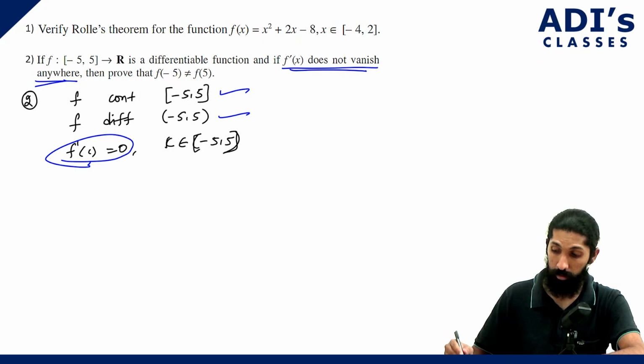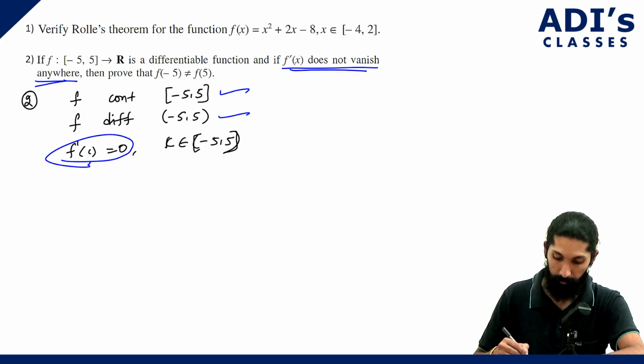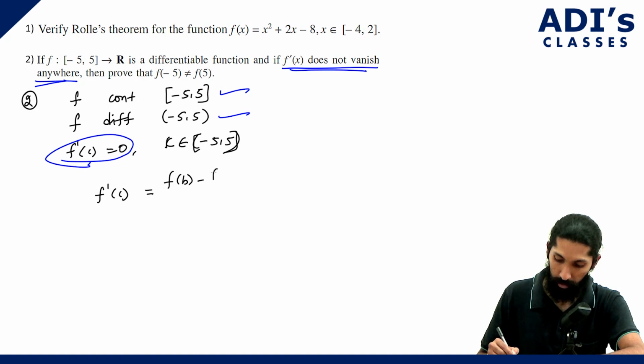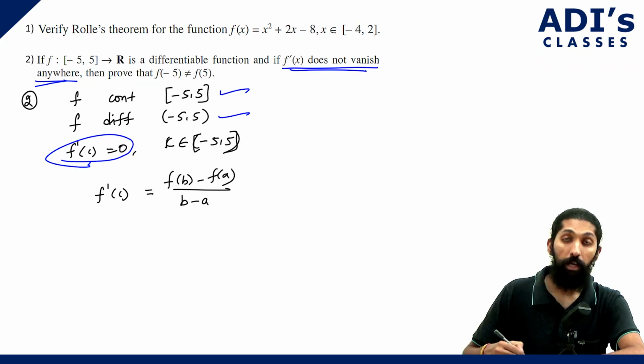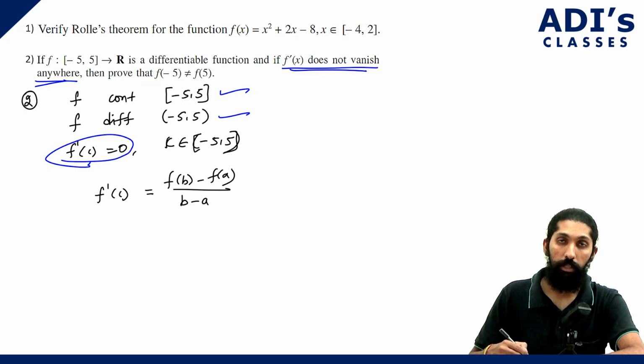Since it's a non-zero value, so what do we have? f dash of c is equal to f of b minus f of a divided by b minus a. If this was 0, then f of a is equal to f of b, correct?